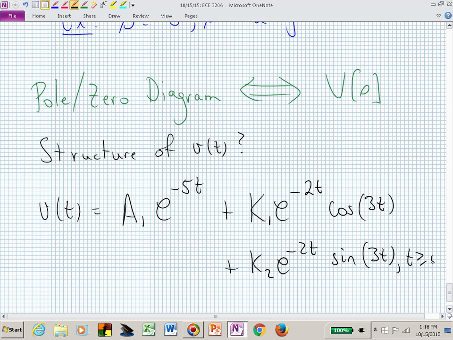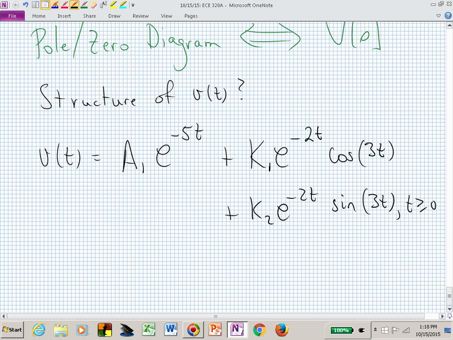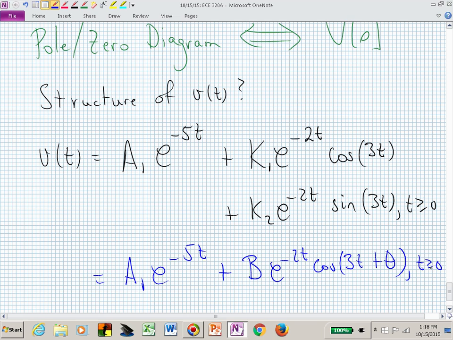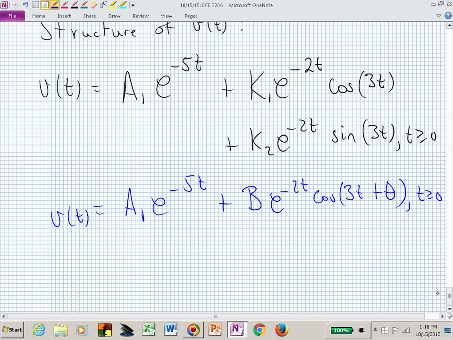Or we could say a1 e to the minus 5t plus, let's say, b e to the minus 2t cosine of 3t plus theta. That's equivalent. If I ask for the structure, the black or the blue is correct. Either one. And we're going to show, if we don't run out of time, which it's looking like we might, the equivalence of those.